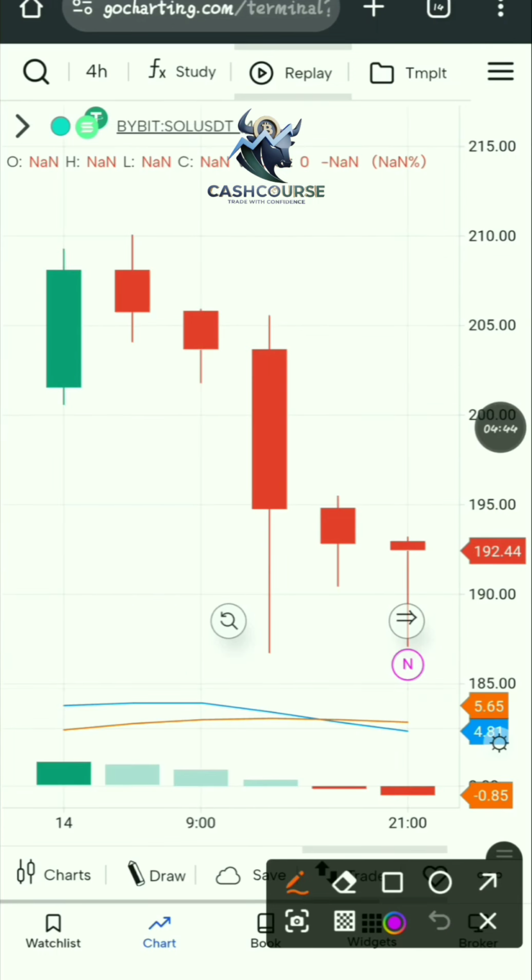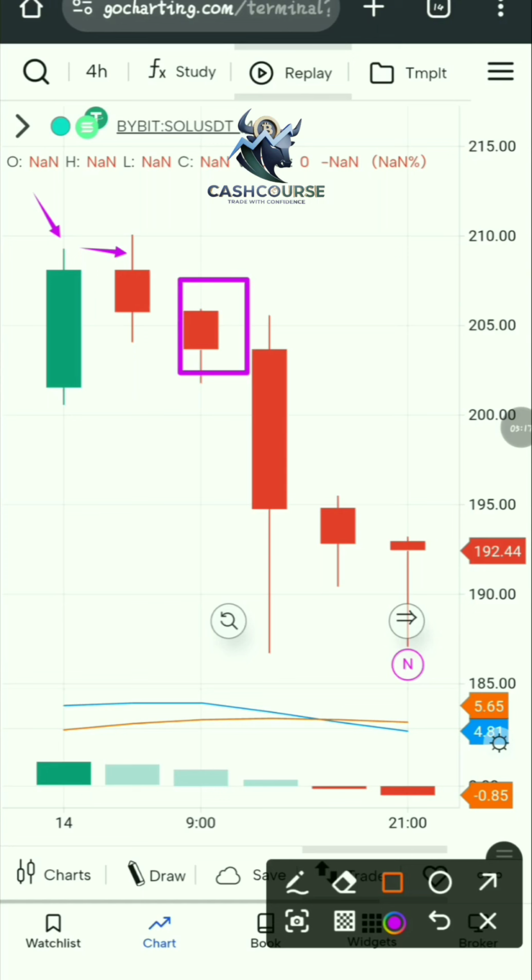But if the wick of the previous candle is touching the wick of the current candle, then it is indicating that the candle that is going to form next, which is the future candle, is going to be a reversal. So wick to body equals continuation, but wick to wick equals reversal. I hope it is clear.